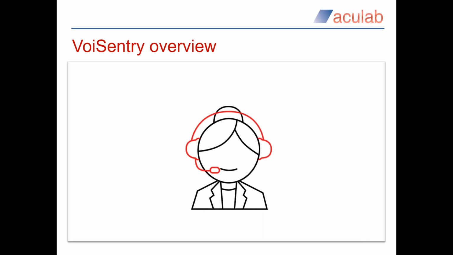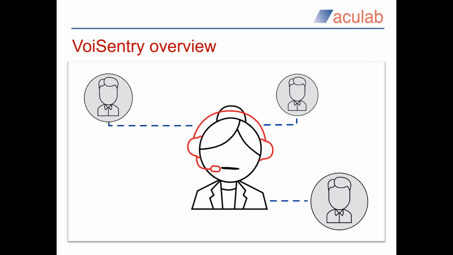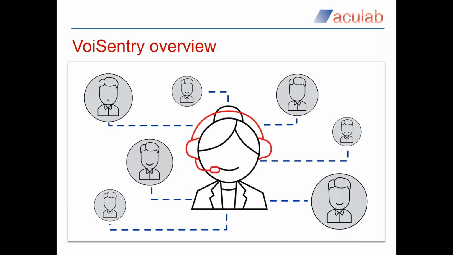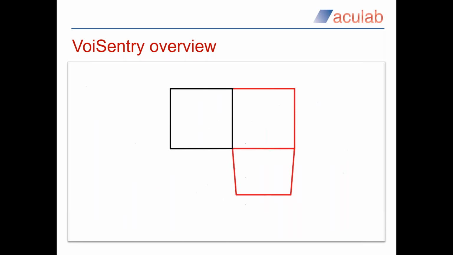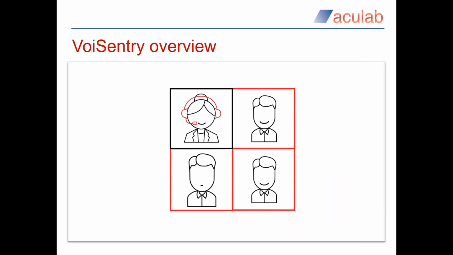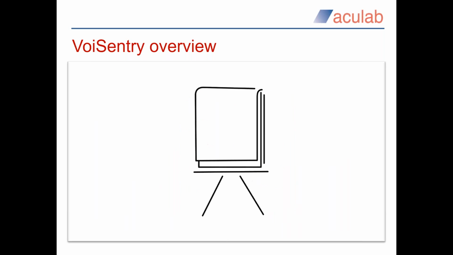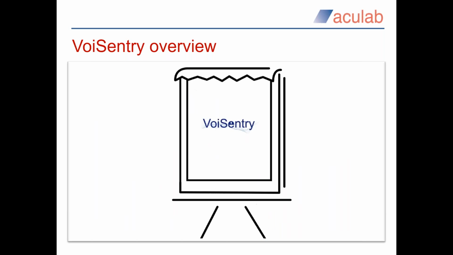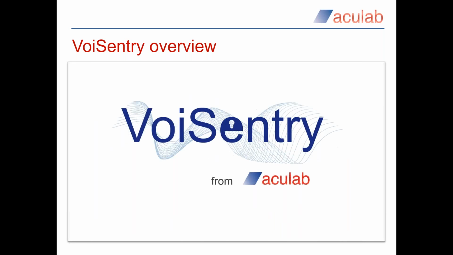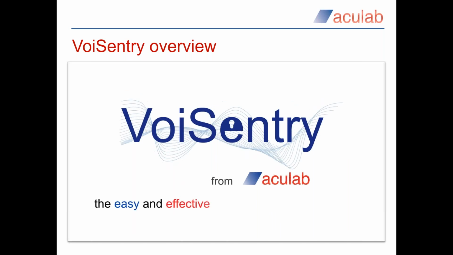It also frees up your agents, meaning they can be more engaged in dealing with your clients. All of this adds up to a 4-fold win for you and your customers and gives your business a rapid return on investment. VoiceSentry from Aculab, the easy and effective speaker verification solution.